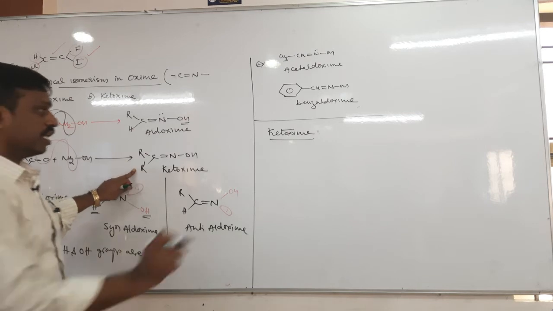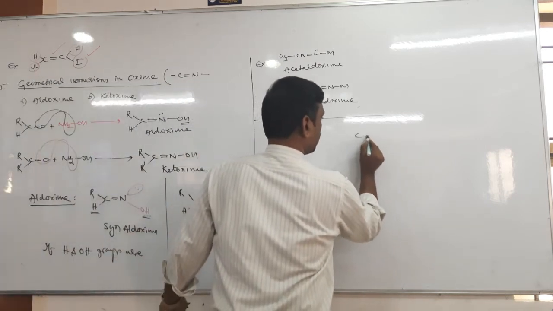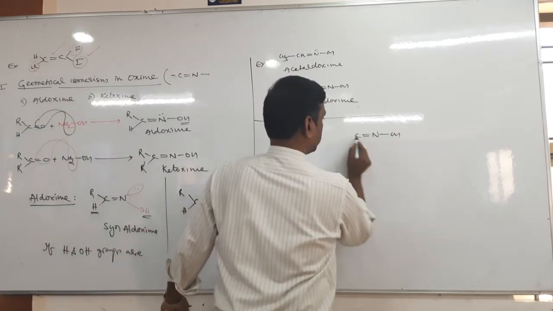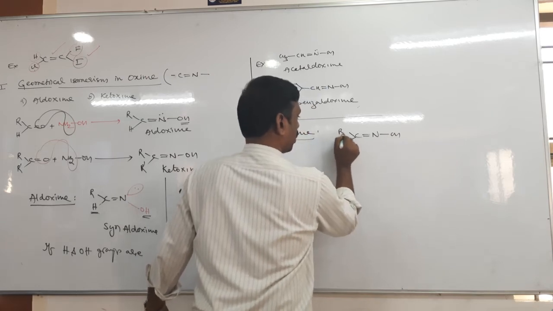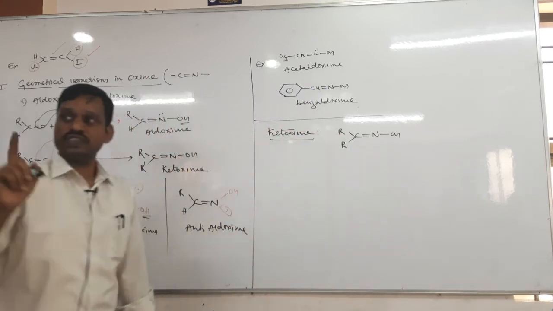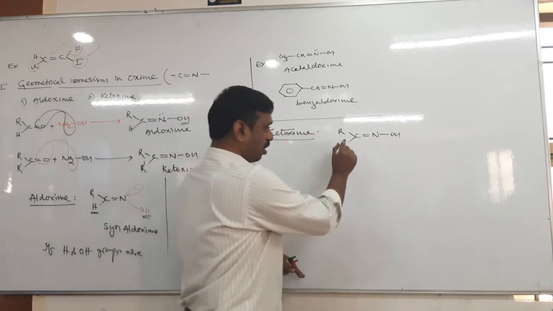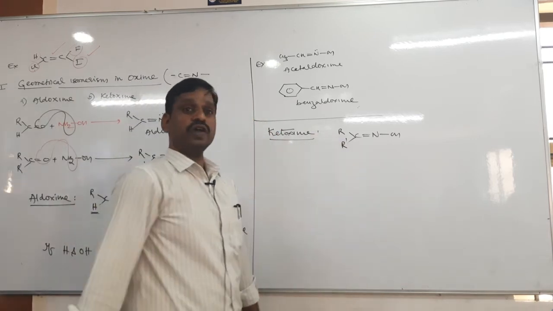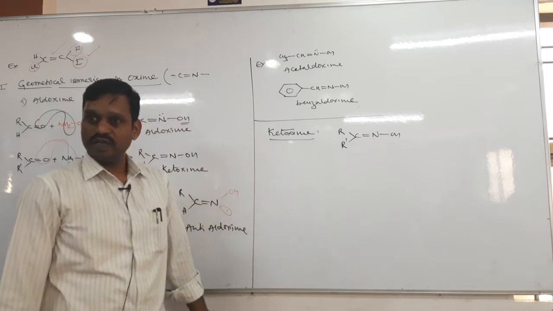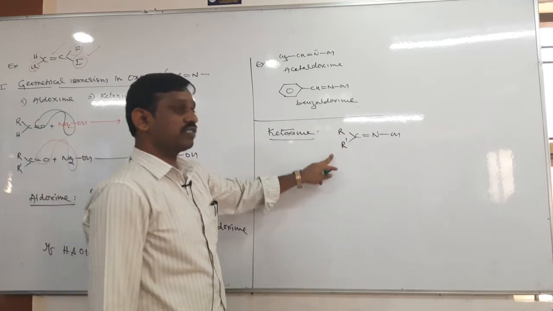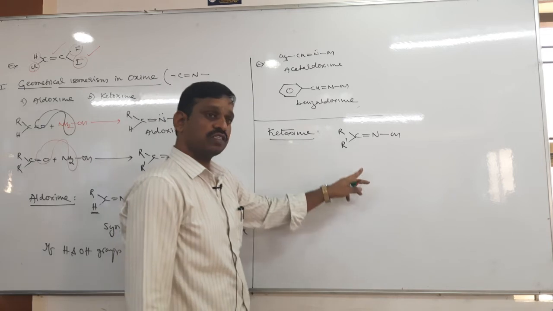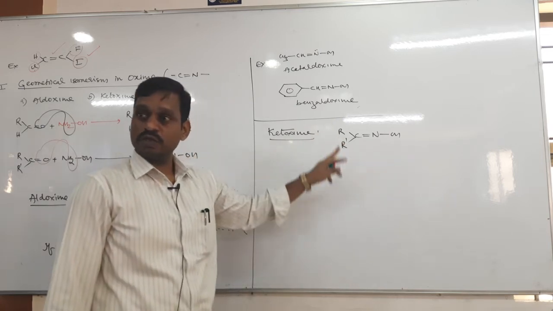In ketoxime, there is a carbon double bond nitrogen, OH is there, and there is an R. But in ketoxime, the first condition is, if R is not equal to this R, or take R dash, then geometrical isomerism is possible. Yes or no? For example, if these two R are the same, can you expect geometrical isomerism? No. Geometrical isomerism is not possible.